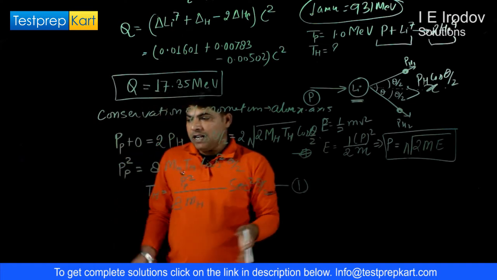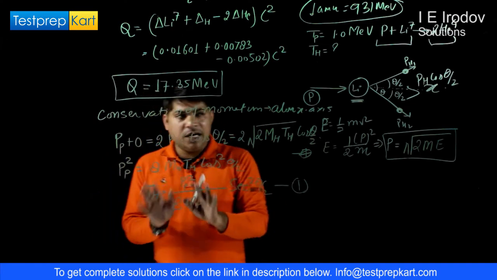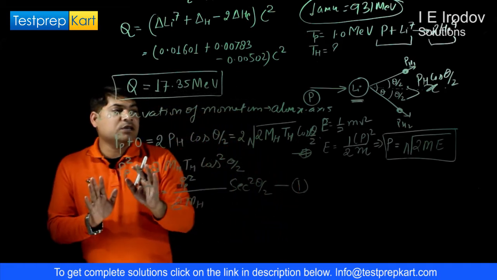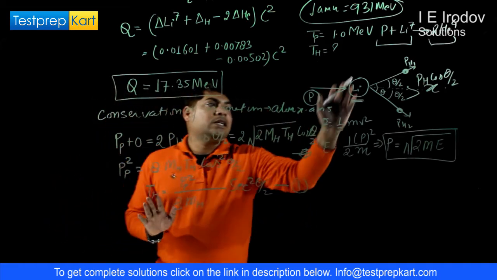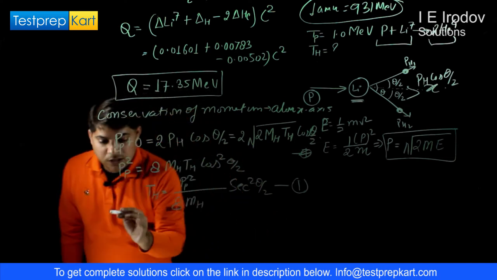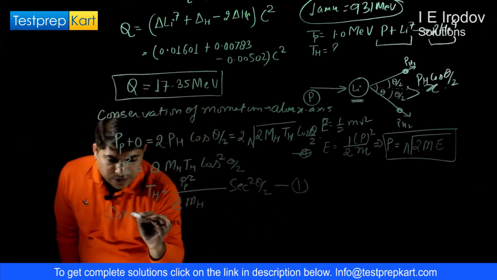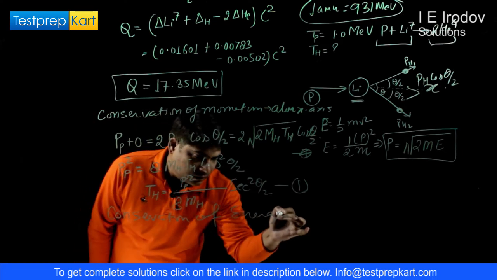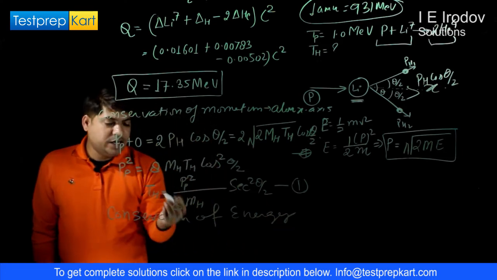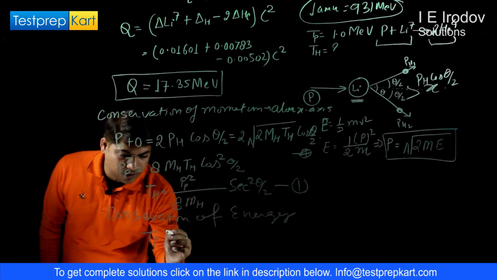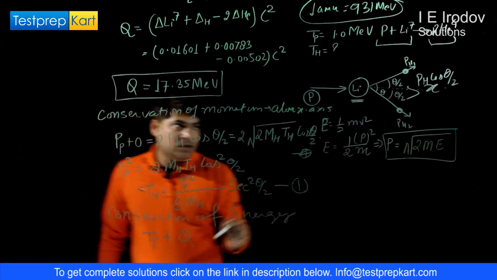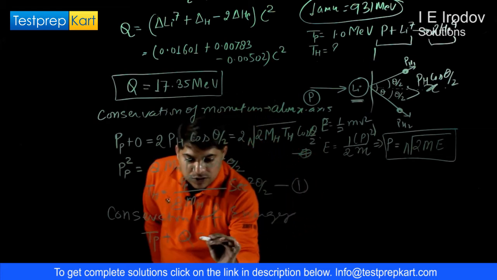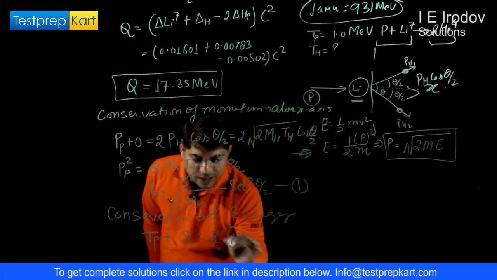Now we can also apply conservation of energy. The energy before the collision is equal to the energy after the collision. So for conservation of energy, the energy of proton plus the energy of reaction, because this process is taking place before the collision, is equal to twice the energy of the alpha particle.